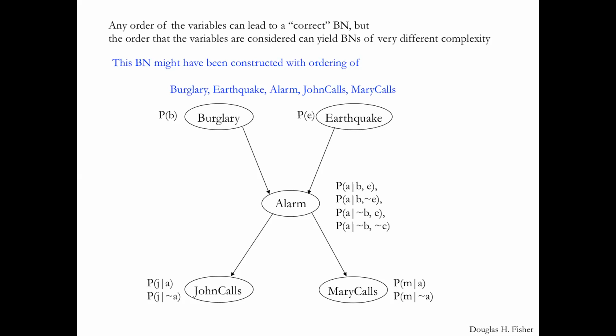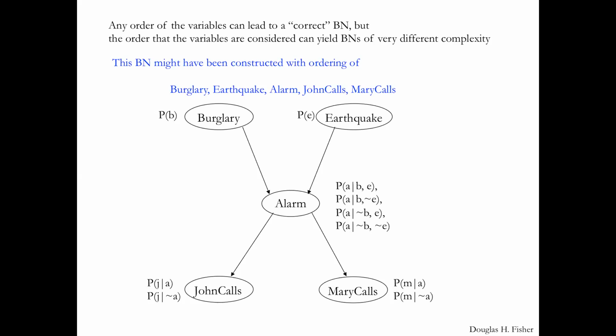So any order of the variables, you can use any order, as I said already when I took a look at this example of building this abstract Bayesian network. Any order of the variables will lead to a correct Bayesian network. But different orderings of the variables will lead to potentially Bayesian networks of different complexity.